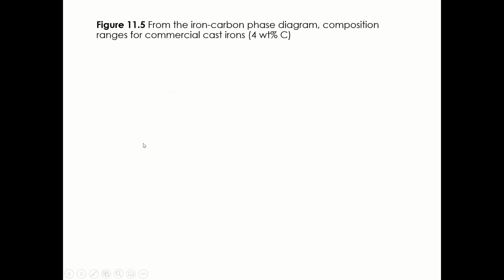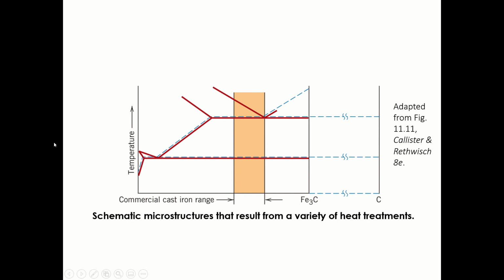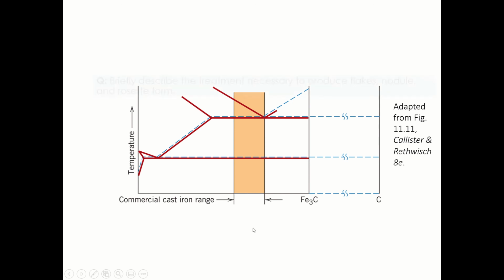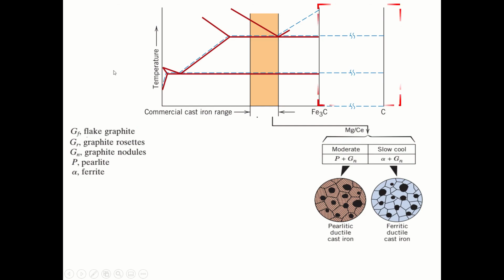So from the iron-carbon phase diagram, these are the composition ranges for commercial cast iron. We have 4% carbon by weight here. The schematic microstructures result from a variety of heat treatments. So the question is, briefly describe the heat treatment necessary to produce flake, nodule, and rosette form. Here is the higher concentration, cementite at 6.7% carbon.